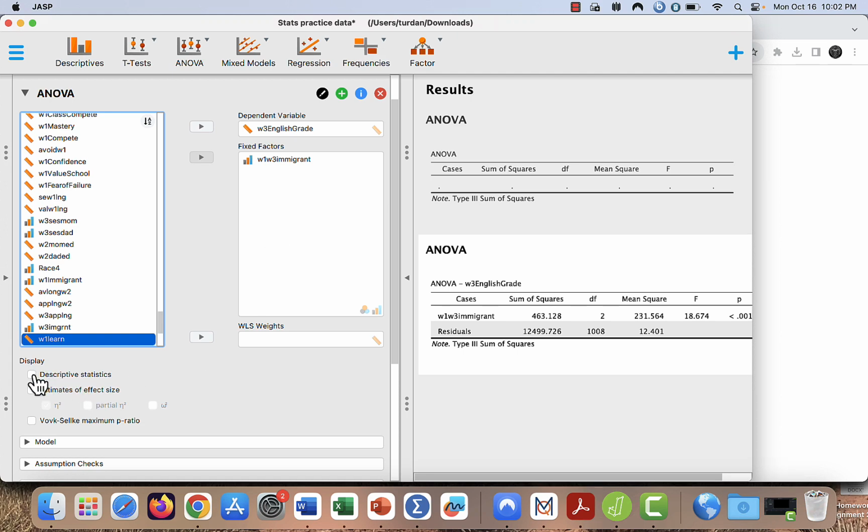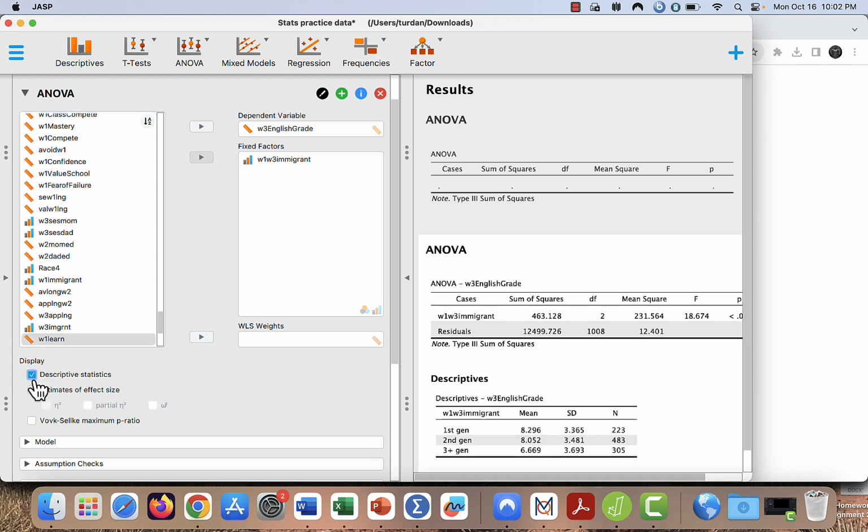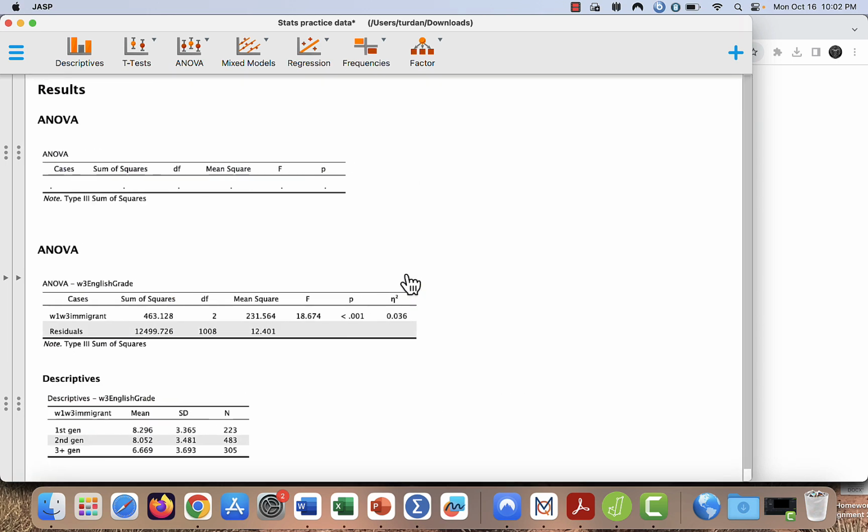And we want descriptive statistics, we want estimates of effect size, and this is what we get. So what we see here is that generational status, this is our independent variable, has produced a significant F value. That's statistically significant.